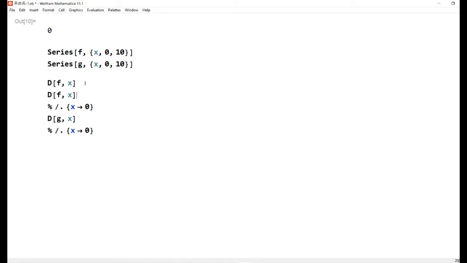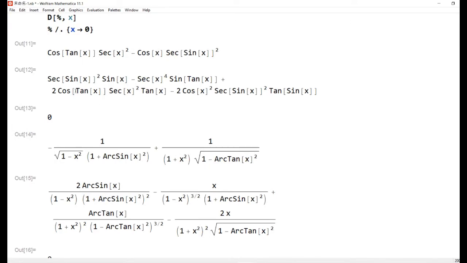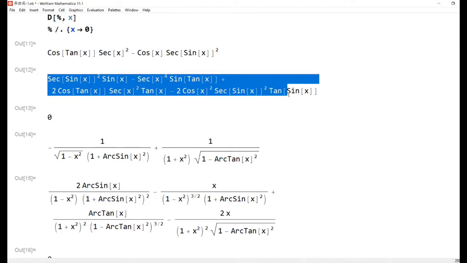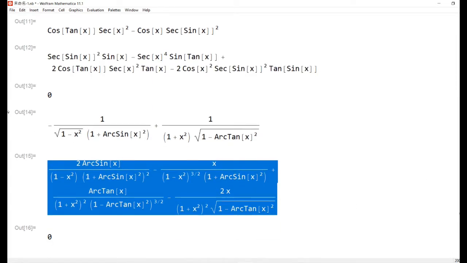So let me do the second differentiation and show the results to you guys. You see, when I do the second derivative, this is the second derivative of f. It's already very cumbersome. And I have the second derivative of g. And then the poor thing is it still got 0. So I need to differentiate a third time.